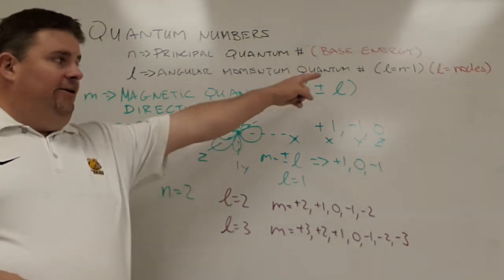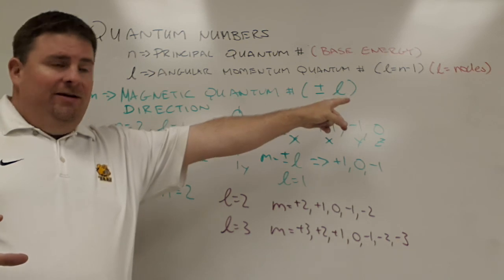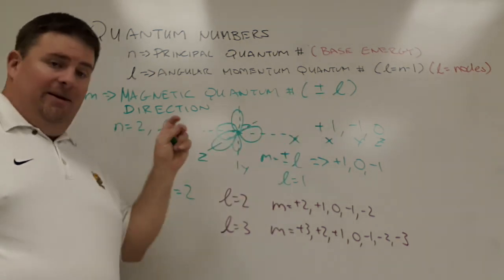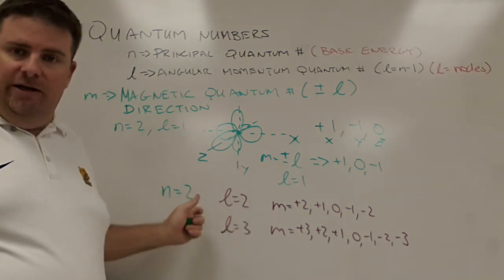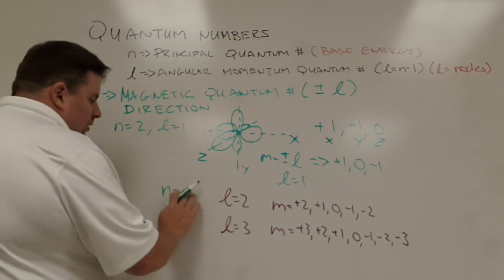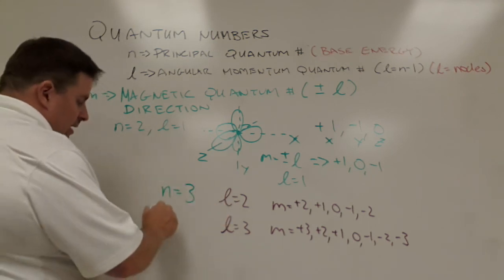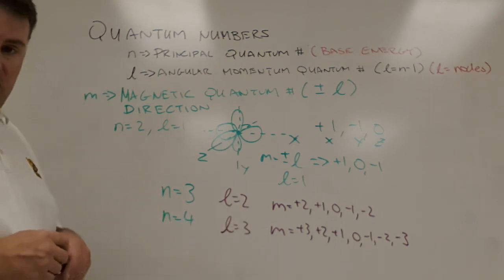Because if we look back here, L is equal to n minus 1 being a maximum value, and it can't be negative. So the maximum non-negative integer is n minus 1. So if n is equal to 2, this can't exist. So this is an illegal value. n has to be 3 or more in order for L equals 2 to exist. And n has to be 4 or more for L equals 3 to exist.